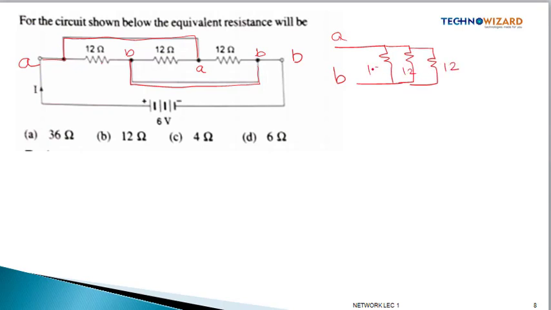And we know that the formula of R equivalent in case of a parallel network is R by N if equal value resistances are connected in parallel. So here the value of R is 12 and three resistances are connected in parallel, like three branches are there. So the overall R equivalent will be 4 ohm. So for this question option C is correct, right?